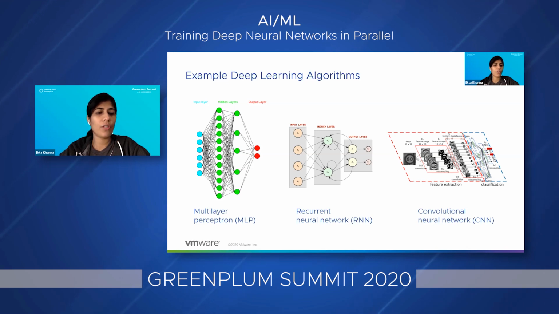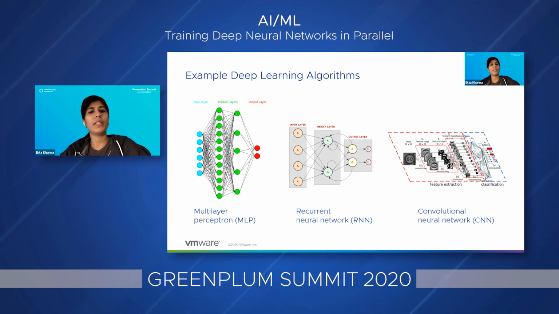Then we have the convolutional neural network, the CNN, which is a class of neural network mainly used for computer vision and image processing. It can be used in applications like image recognition in your smartphones or employee identification in a lobby, or maybe reading license plate numbers across the Golden Gate Bridge.